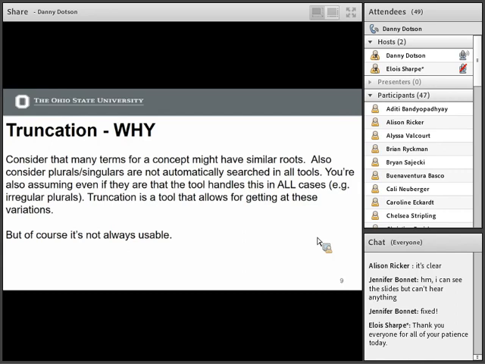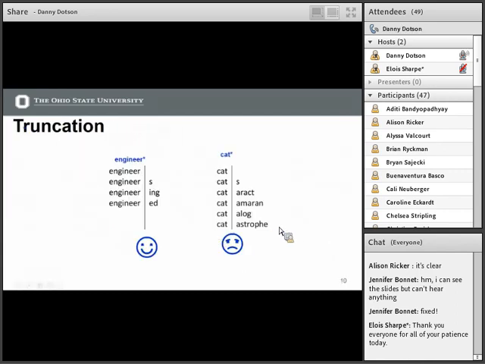An example I particularly like to use in my class is if you're looking for topics related to engineering. If you wanted to learn about women in engineering, for example, you might want to use engineer with a truncation in order to get variations on that. Or if you wanted to deal with engineered products, that would help as well.